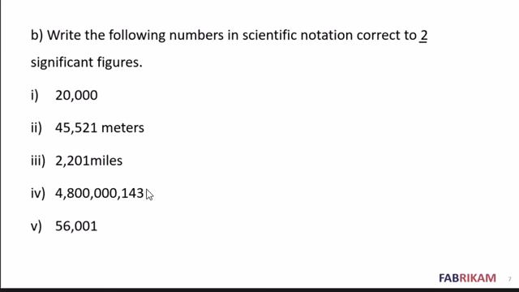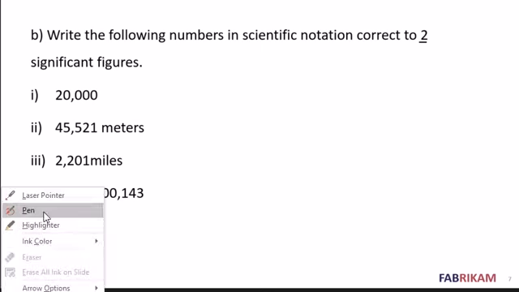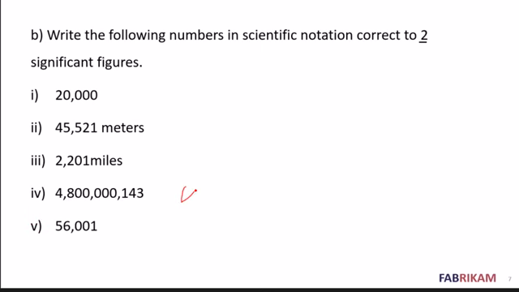Next example, 45,521. Okay, 4, 5, 5, 2, 1. Correct to three significant figures is 4 point, okay, here you've got a 5. 5 rounds off to the nearest 10.